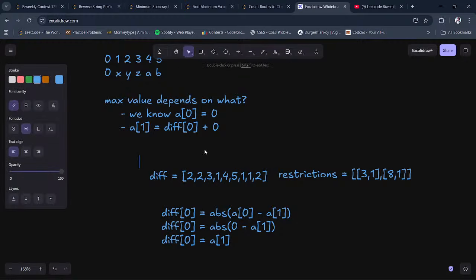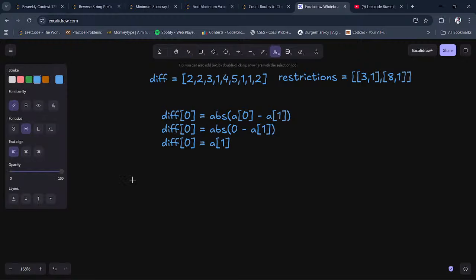So I hope this thing is clear. So we'll move to the next thing.